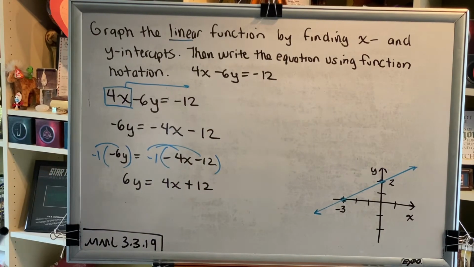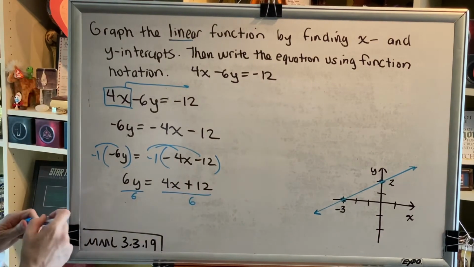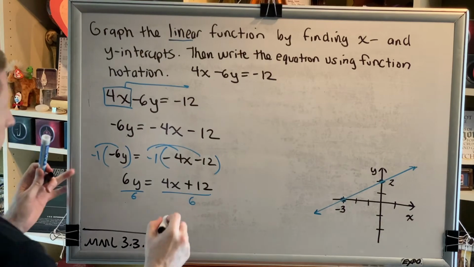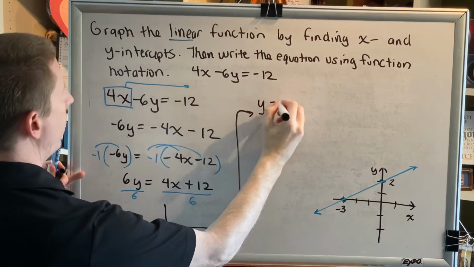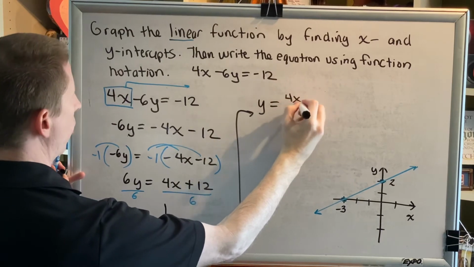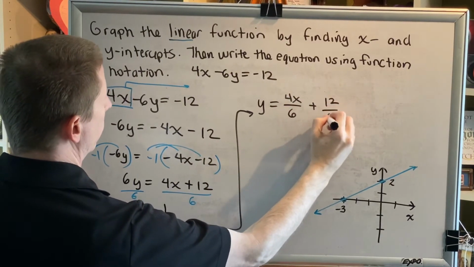Next, divide everything by 6, left side, right side. This is going to give me y equals 4x over 6 plus 12 over 6.